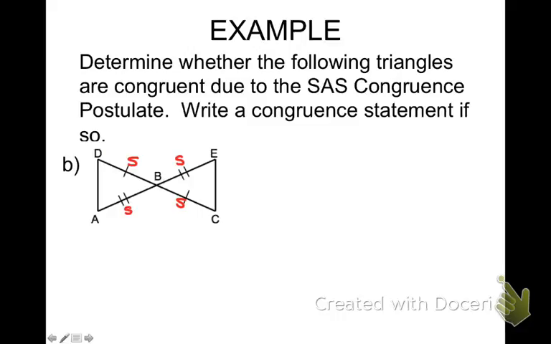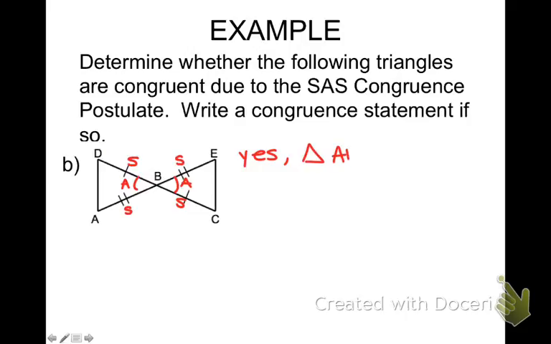Why? Vertical angles are congruent. So we can assume that if I have vertical angles, then my vertical angles will be congruent. So I'm going to put those in there. Mark them with my A. Are the vertical angles the included angles on both sides? Yes, they are. Good. So I'm going to put yes.